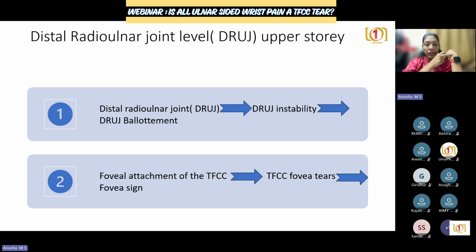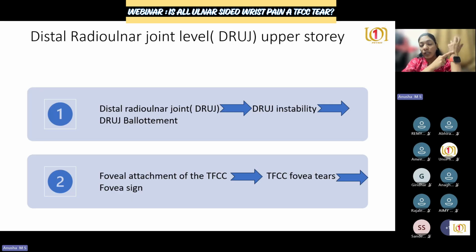Very important: the ulnar styloid is considered the major landmark for dividing the wrist into the three stories. The structures just above the ulnar styloid are the upper story structures. The major structures of this area that get injured are the distal radio-ulnar joint, DRUJ, and the foveal attachment of TFCC.